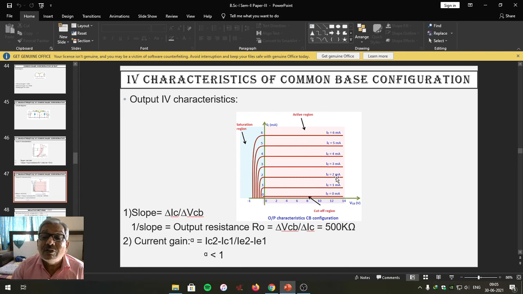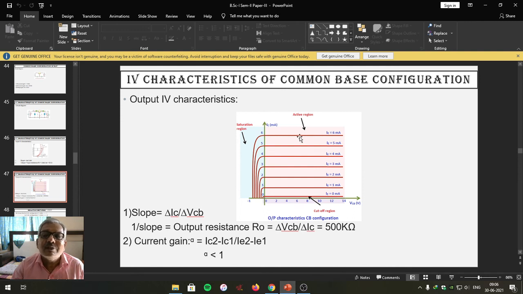Same is true for every curve. For 6 milliampere also, increase in VCB increases IC. At a particular value, it remains constant, even though VCB is increased further. These are the conclusions which we are going to draw from the output IV characteristics.